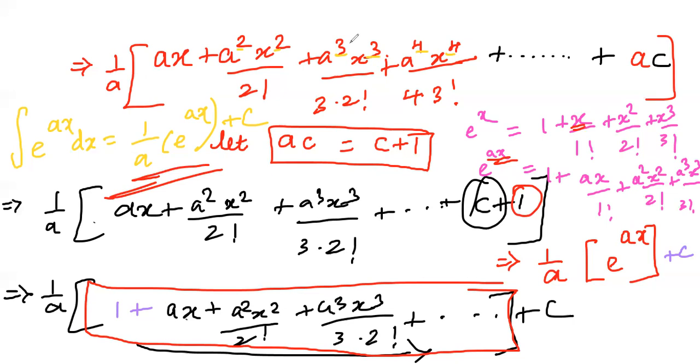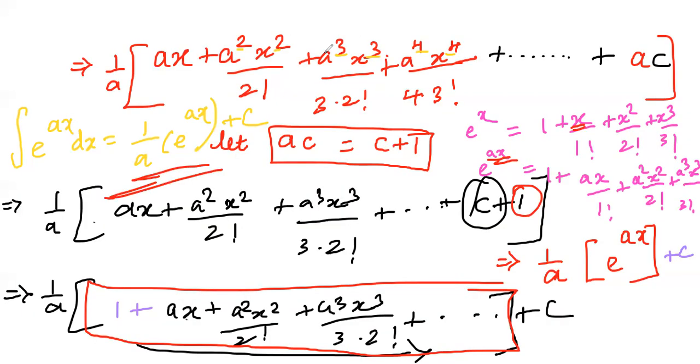Have you noted it down? Shall I erase it? Okay. So the formula for integration of e power ax dx is 1 upon a e power ax plus c.